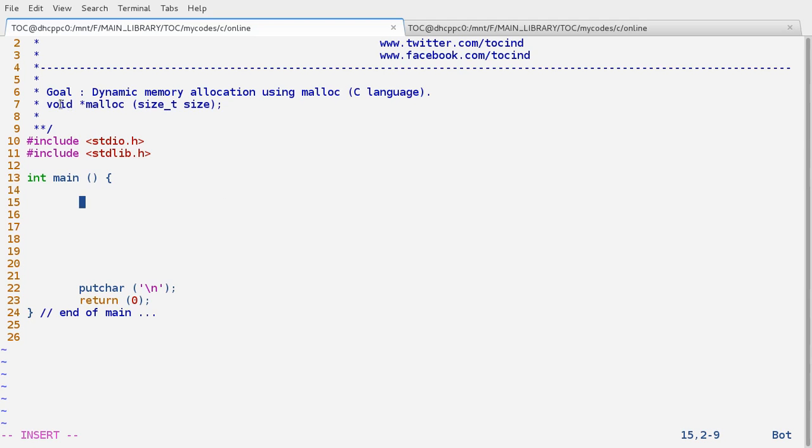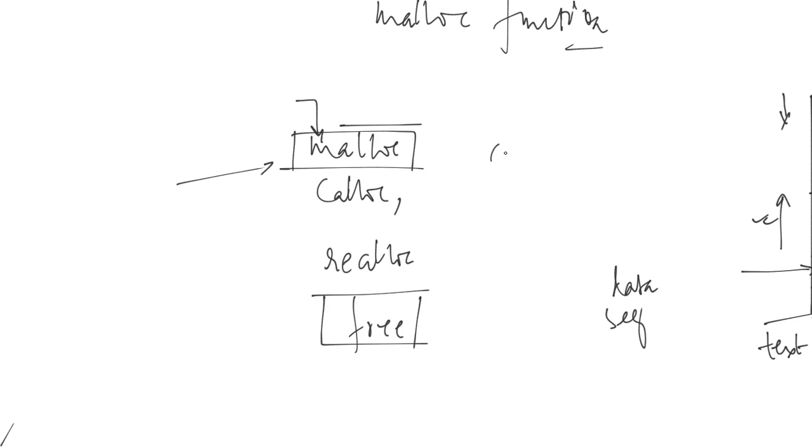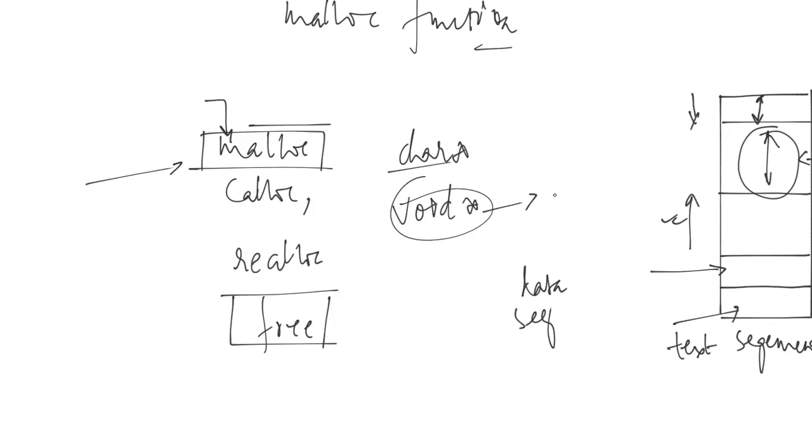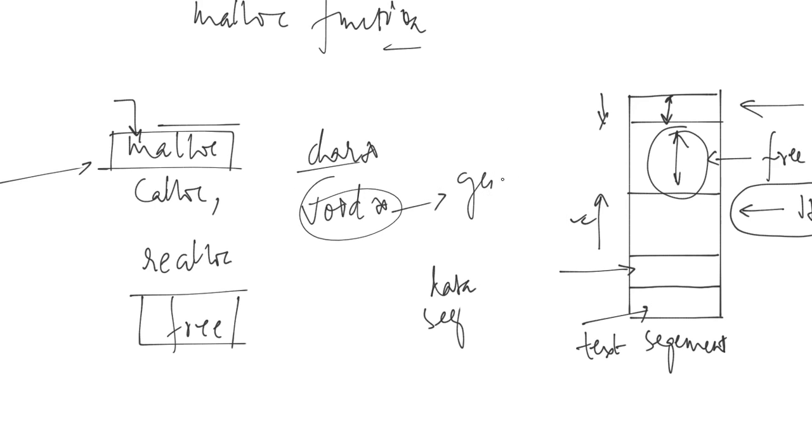So what is this void asterisk? Before ANSI C it was char asterisk, but now it has become void asterisk. This makes malloc a more generic function. Generic means malloc allocates space for any kind of data type, either char, int, double, or some structure.